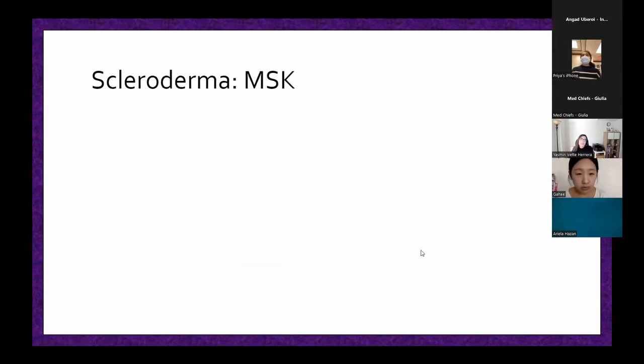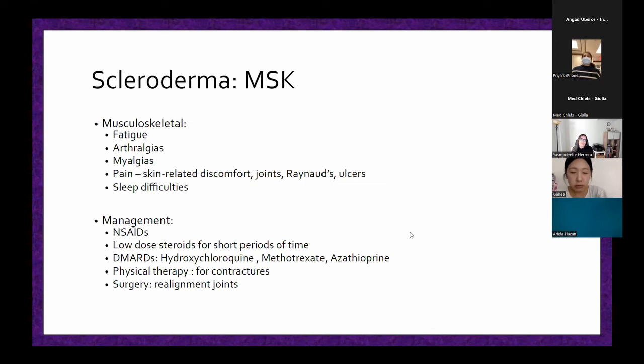So we touched on the different multi-organ involvement, and I'll go into each of them individually. Musculoskeletal-wise, patients complain of fatigue, arthralgias, myalgias, pain related to the discomfort in their joints, Raynaud's, or digital ulcers, and generalized fatigue and sleep issues. The management for musculoskeletal features includes NSAIDs and short courses of steroids.